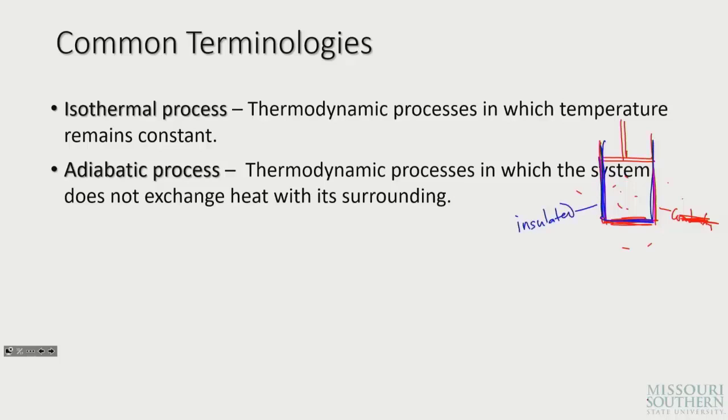When you do something with the system, it doesn't exchange heat with the surroundings. The process is then called an adiabatic process, and this wall is also called an adiabatic wall.